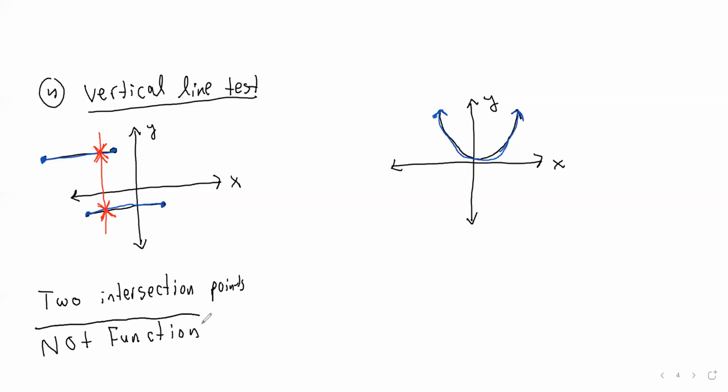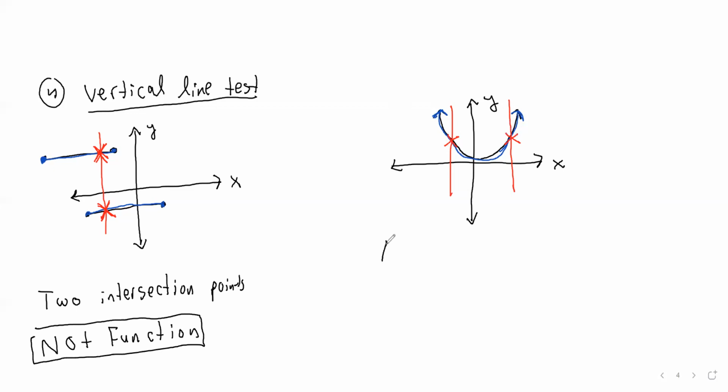Now let's look at the second graph. Can we show that this is a function or not a function? Well, you can see if I try to draw any vertical line through here, for example, I draw one through here, just one intersection point. If I draw a line here, there's just one. If I draw at any point on this graph, I'm just going to have one intersection point.